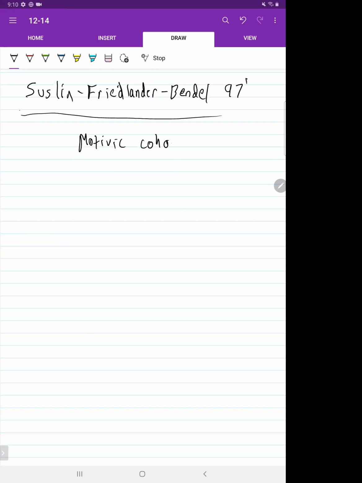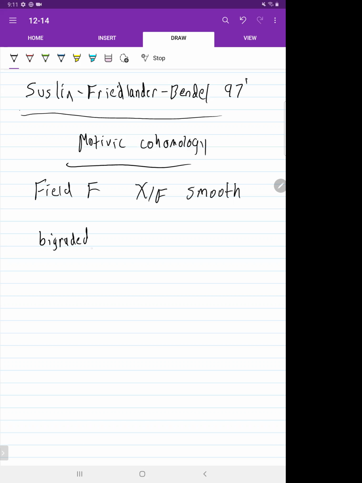It's the cohomology theory involving cycles on algebraic varieties. So fix a field F and X over F, a smooth scheme of finite type, and all the usual assumptions. Then we have a bigraded cohomology theory given by motivic cohomology.